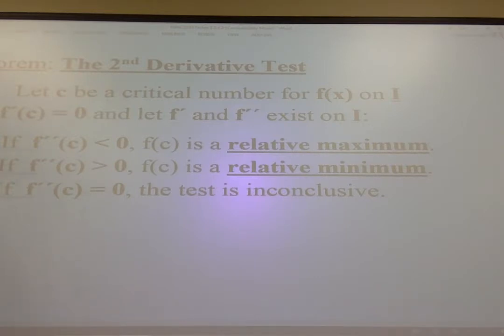What would it be? It would be a max, wouldn't it, at the top of that interval. If f double prime of that critical number is positive, that means it's concave up on that interval. That would be the bottom of it. It would be a relative minimum. And if f double prime of C is 0, the test is inconclusive.